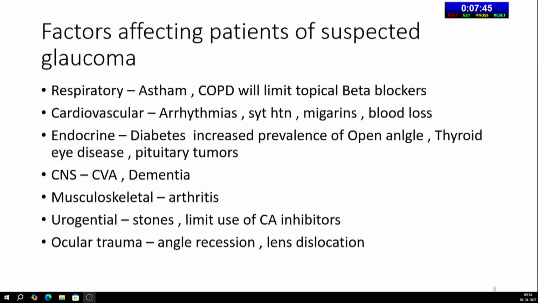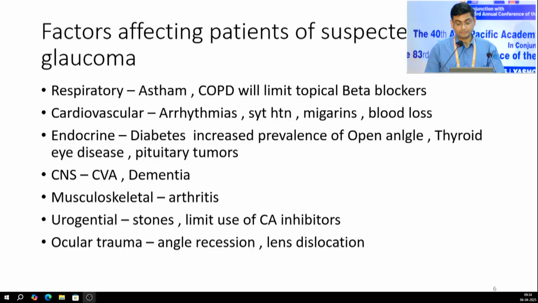In CNS, if the patient is suffering from dementia, then it becomes really difficult to treat the patient. Then musculoskeletal: a patient with arthritis will have difficulty putting in the eye drops because his fingers find it very difficult to push the drop. Patients with urinogenital stones will limit our use of carbonic anhydrase inhibitors.